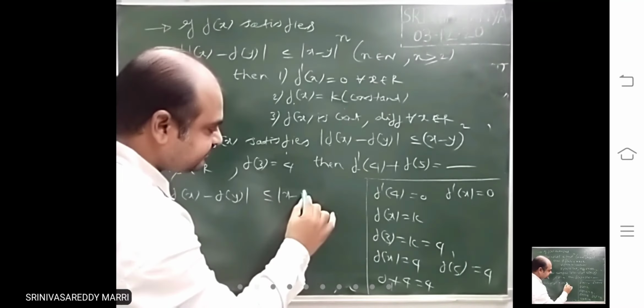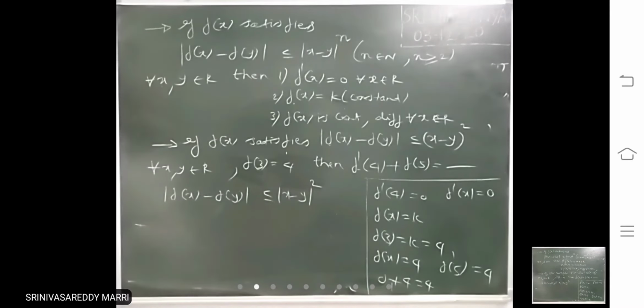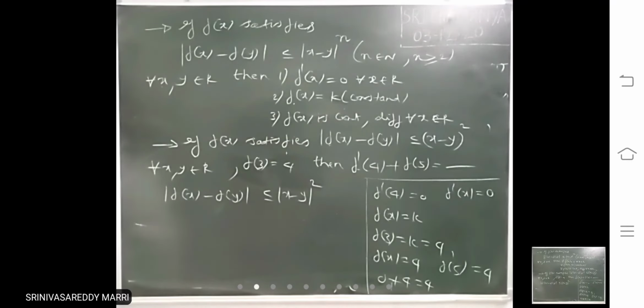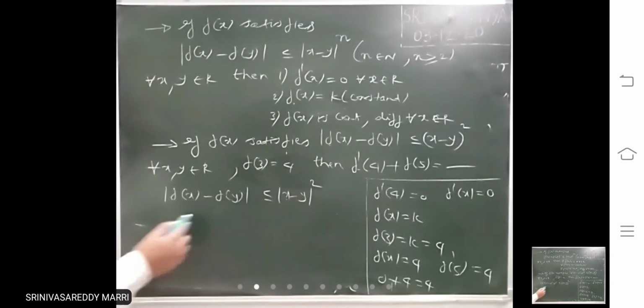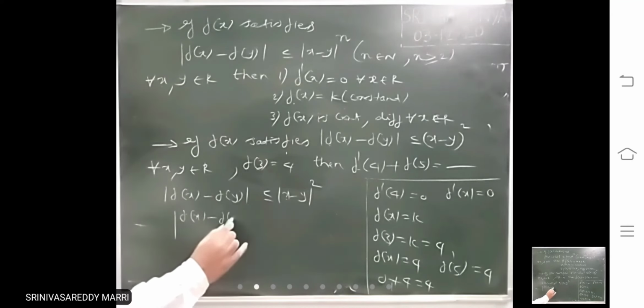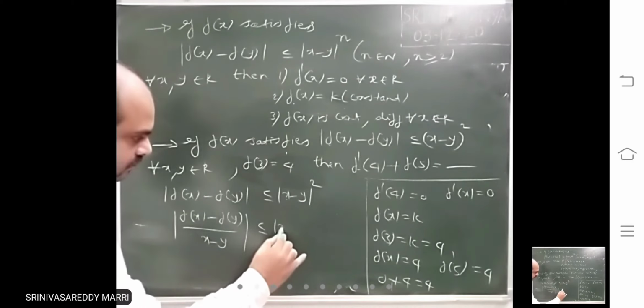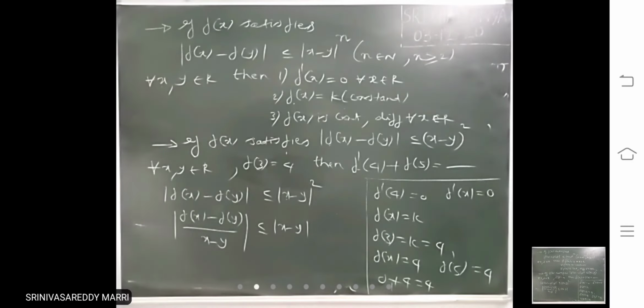Look at that, x minus y whole square. I am writing modulus of x minus y whole square. This and this are same. Modulus square means plus or minus square, you will get the same thing. Here I am bringing 1 modulus x minus y to the left hand side.